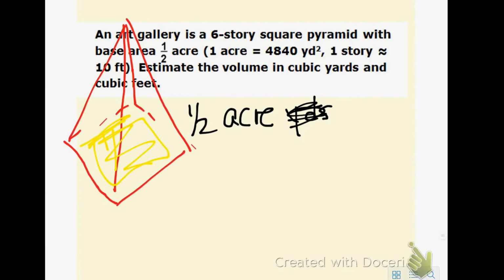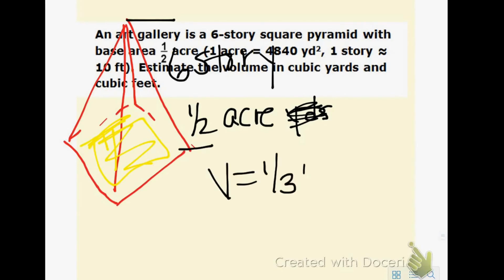And I know that it's a 6-story building, right? So what I want to do is find the volume. To find the volume, I'm going to have to use V equals 1/3 capital B times H. Now the problem here is my base is measured in acres and my height is measured in stories.